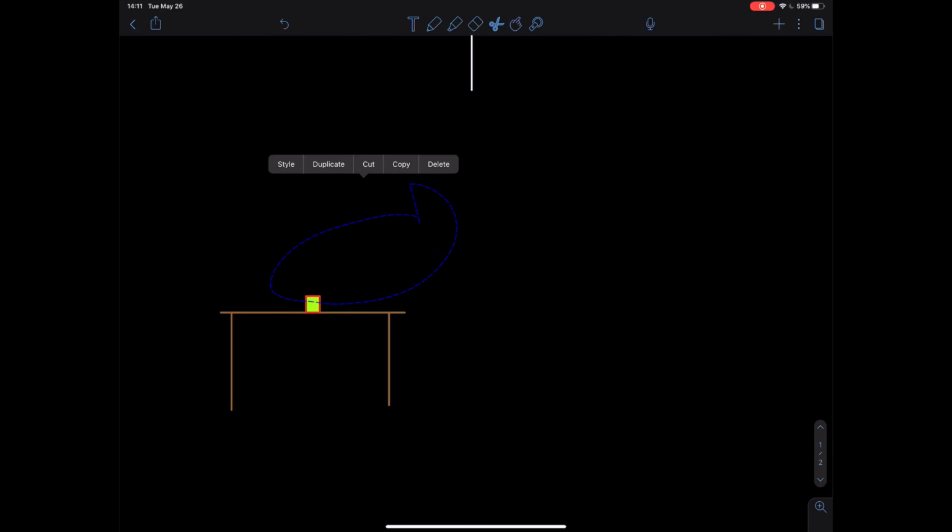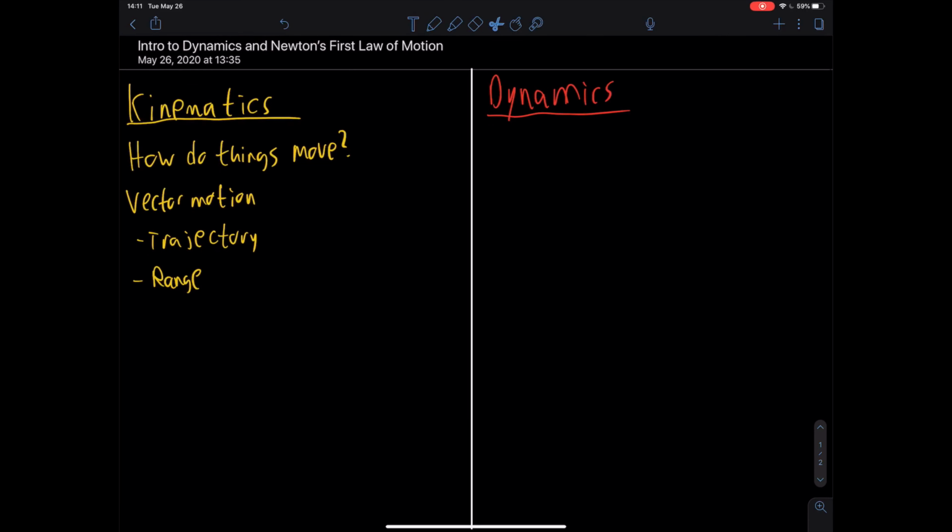And that's really the central question here. It's not why do things move, it's why do things change their movement? So dynamics really answers the question, what causes change in motion?